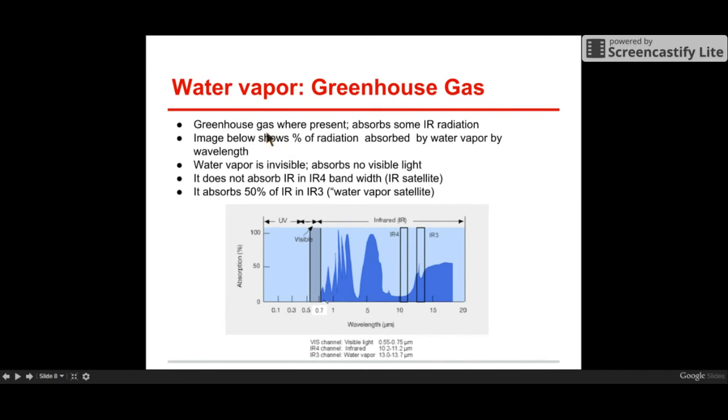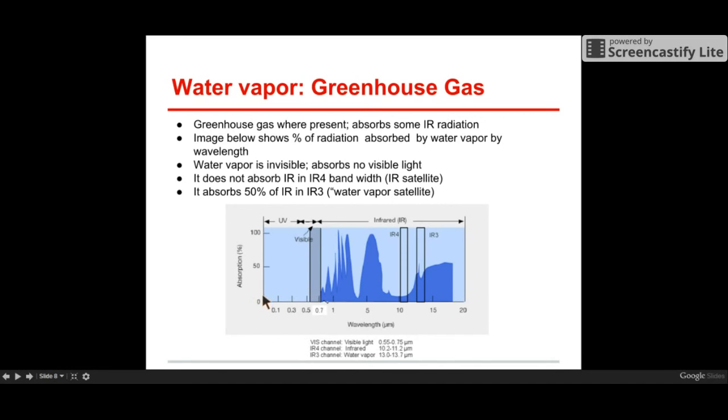To do so, you have to take into account that water vapor is a greenhouse gas, in other words, that it will absorb infrared radiation as it goes through the atmosphere. So this chart that you see here looks at the absorptivity of the atmosphere towards different types of electromagnetic radiation.